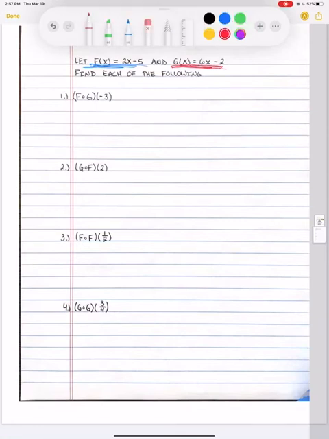So I have f of x equals 2x minus 5, and I'm going to plug in g of x here and here. So I have my equation with my parentheses, and I'm going to plug in my function.